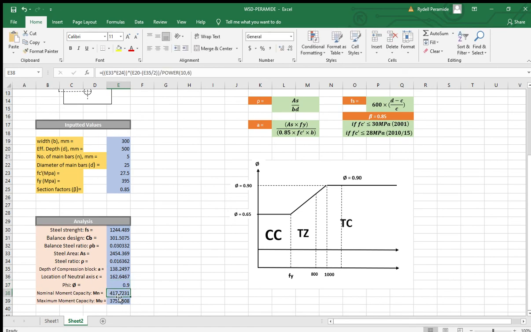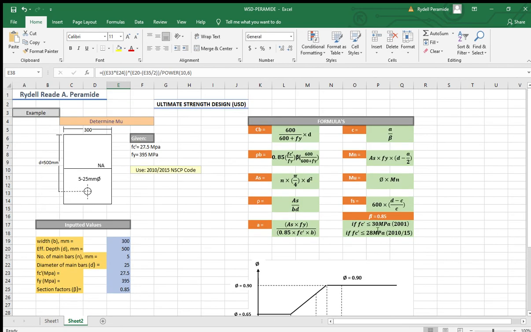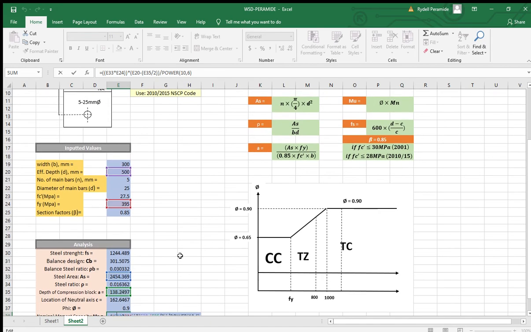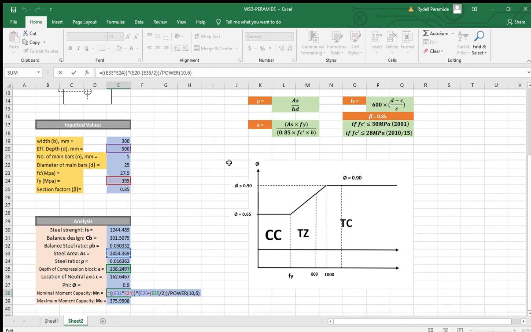Next, we will get the Mn. Mn is As times fy times d minus a over 2. As 2454 times fy 395, close parenthesis, times the effective depth 500 minus the depth of compression block divided by 2.